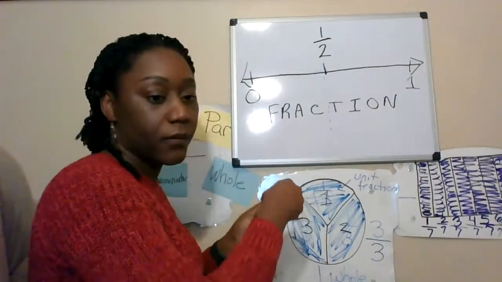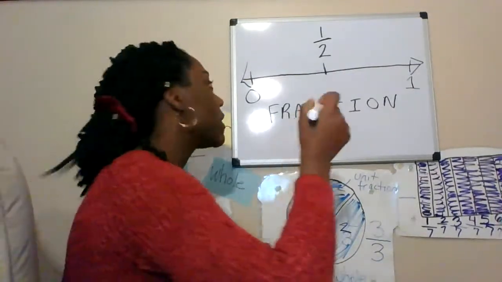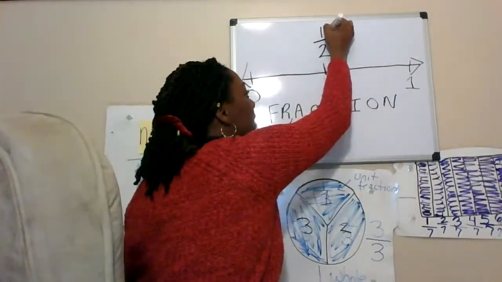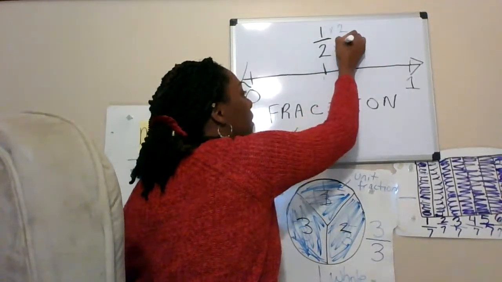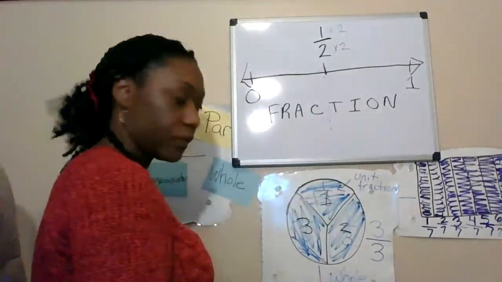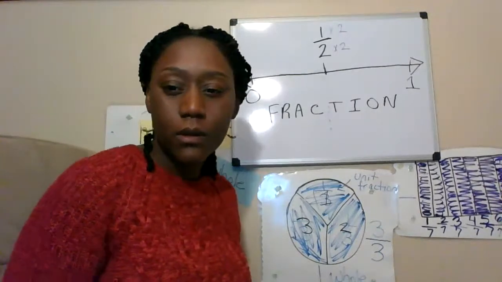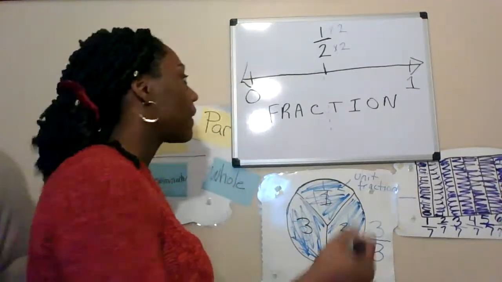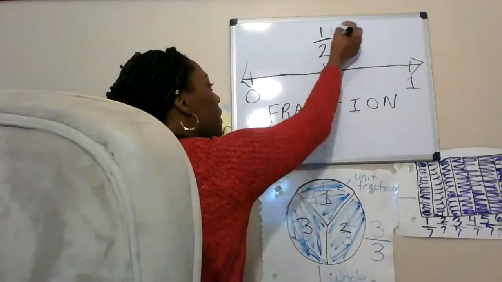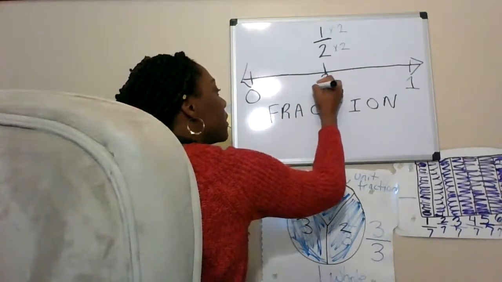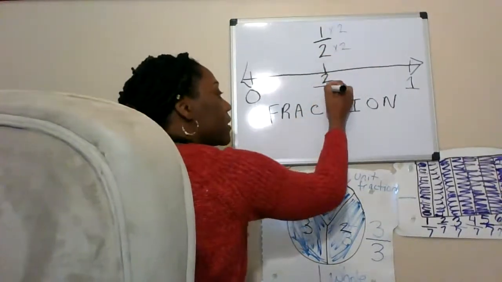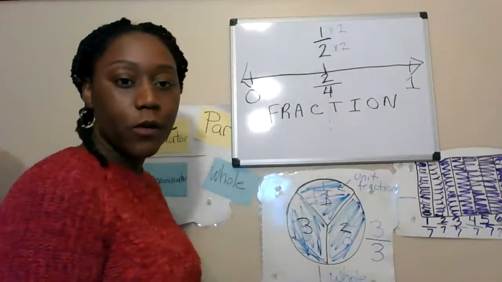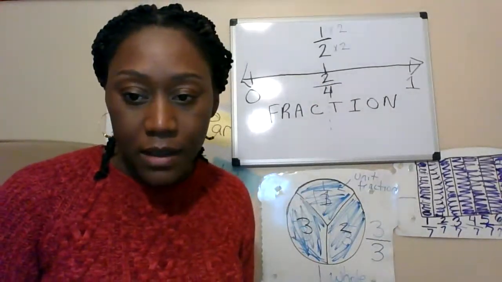Let's remember. I want to remind you that then that gives us 1 times 2 is 2, and the bottom 2 times 2 is 4. So 2/4 is equal to 1/2.